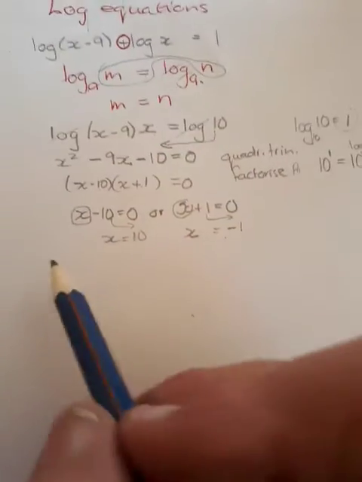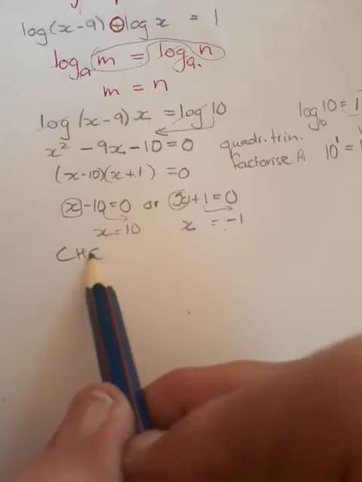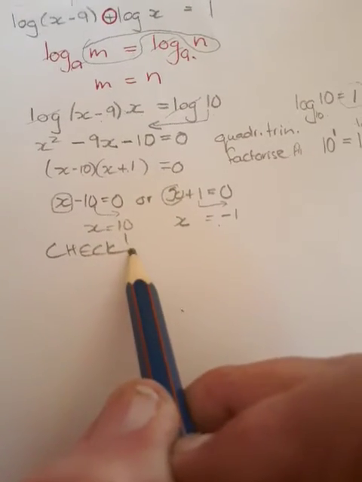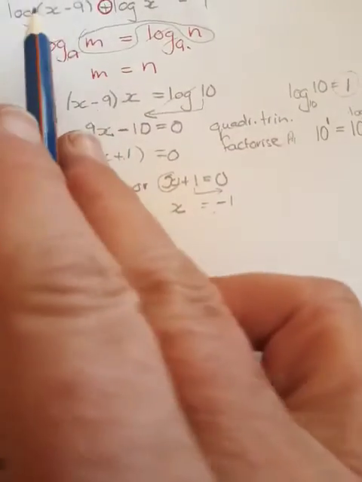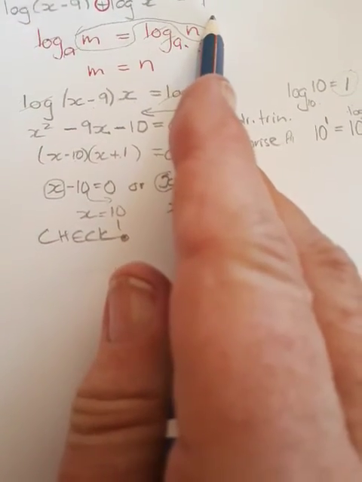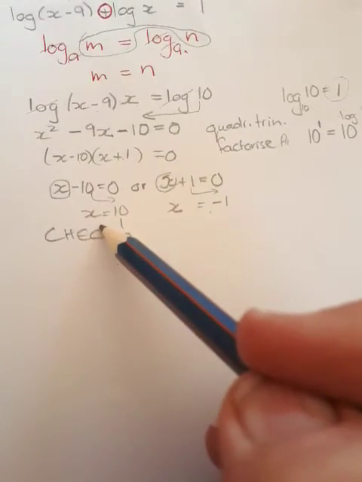Now importantly, with logarithmic equations, you must do your check. If you look at this one, you're just simply going to take your original equation and put in your values.